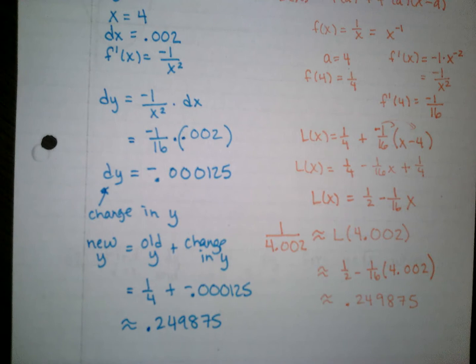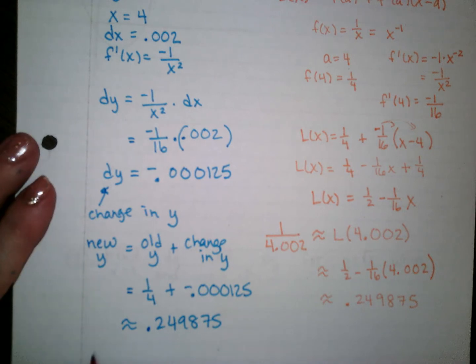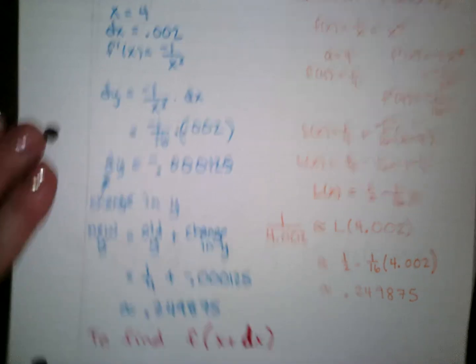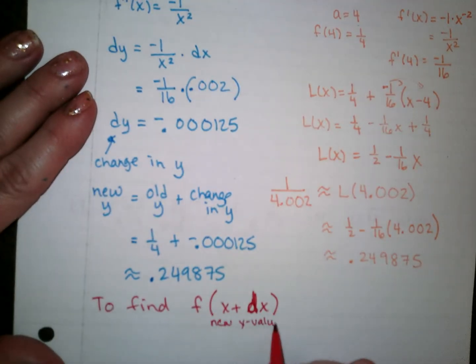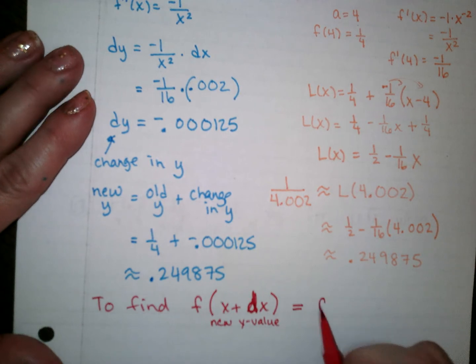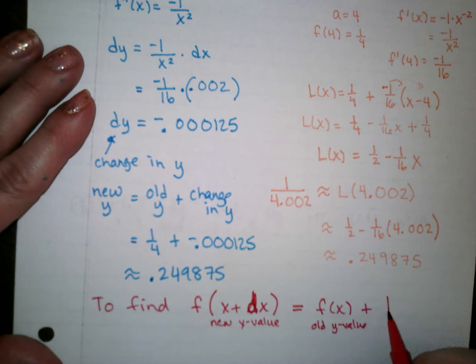So we should probably write that down. To find f of x plus dx, that's our new y value, what we're going to do is take f of x, which is our old y value, plus dy, which is the change in y.